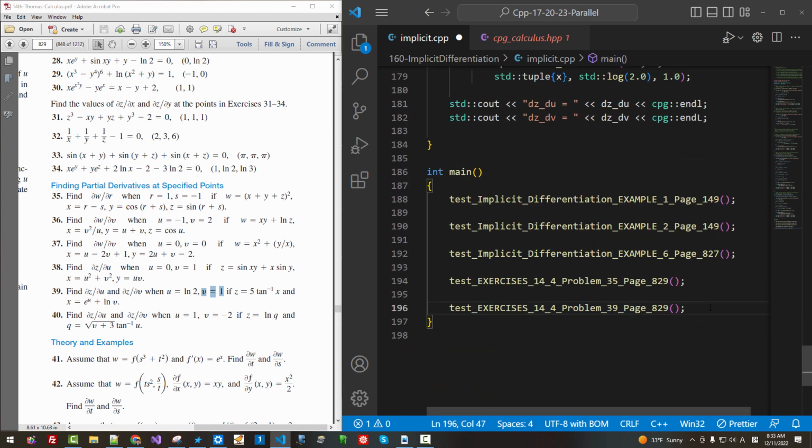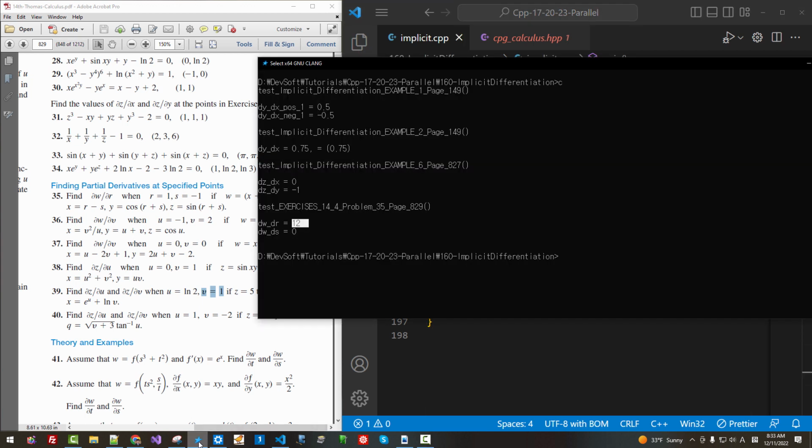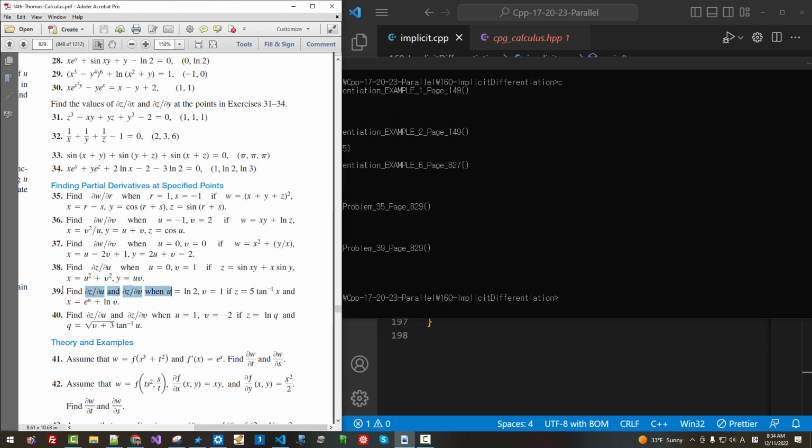Copy paste it, we already pasted. We can rebuild. The answer is 2, 1. dz over du is 2. dz over dv is 1. This is the correct answer of this problem.